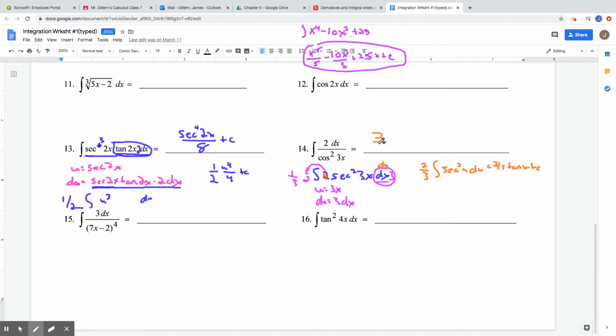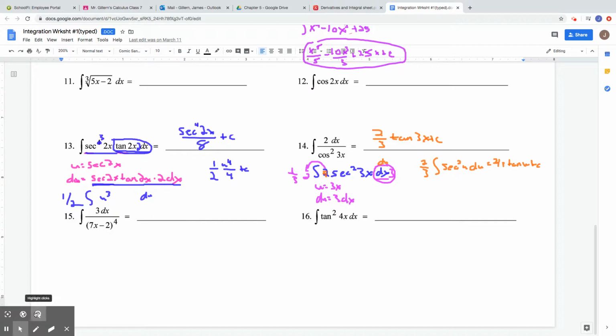So 2/3 tangent of 3x plus c. Now, this is the same thing as writing 2 tangent 3x, all of that over 3 plus c. But once again, this doesn't make a difference. It's the same thing.